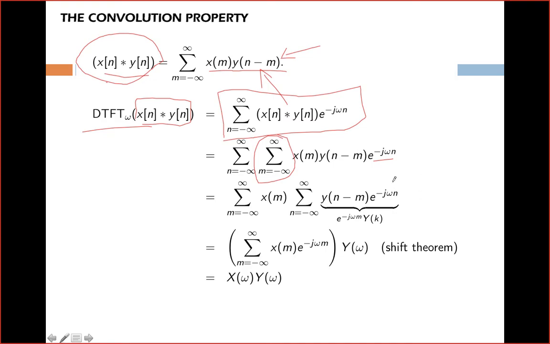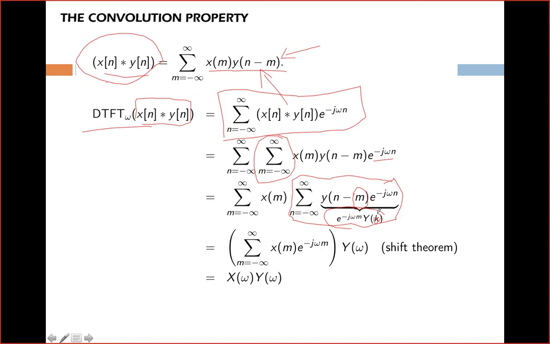Okay, by applying the time shifting property, I can write this equation like so. Here the delay is m, the delay value is m, hence I am going to replace this using e power minus j omega m into y of omega. Sorry, y of omega, not k.